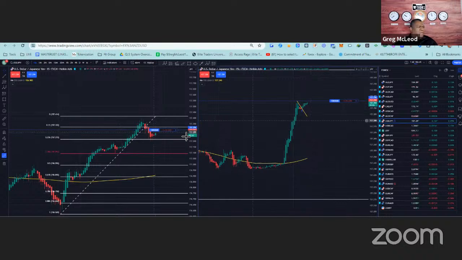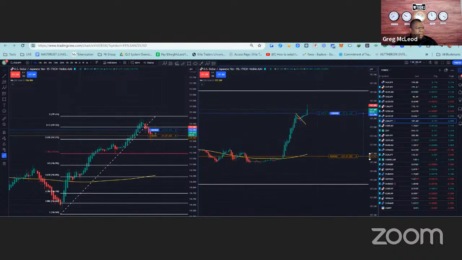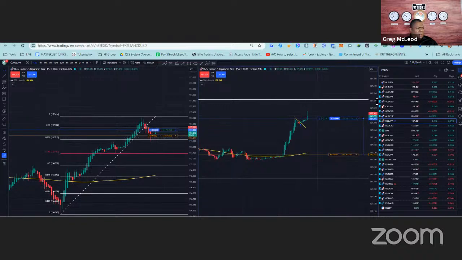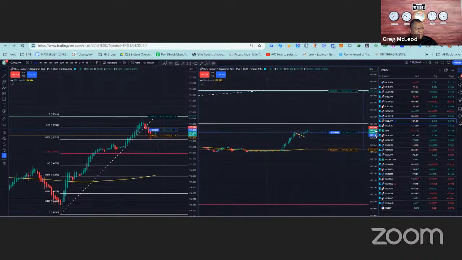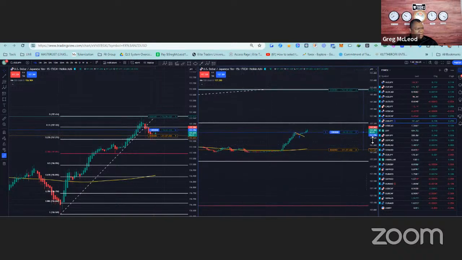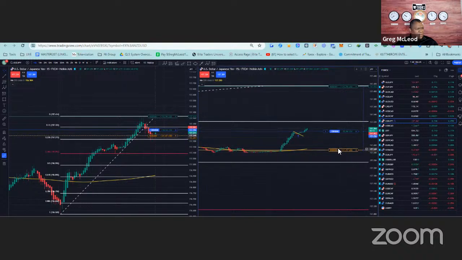And my target would be 157.41. And I'm going to put my stop in there, stop loss. There we go. Like maybe a 3-pip stop. And let's get to right there, right? That would be 7.4 pips. I'm going to tighten the stop up a little bit.